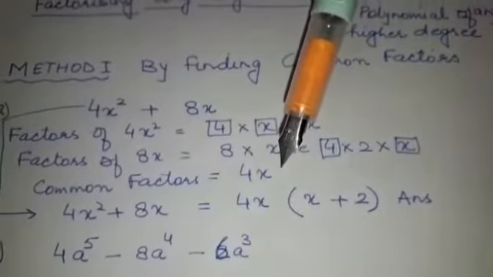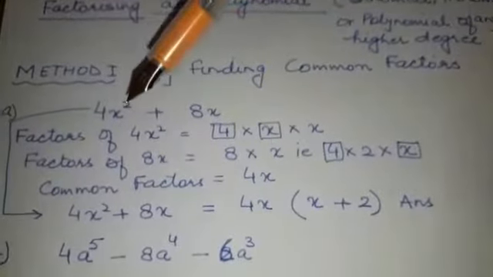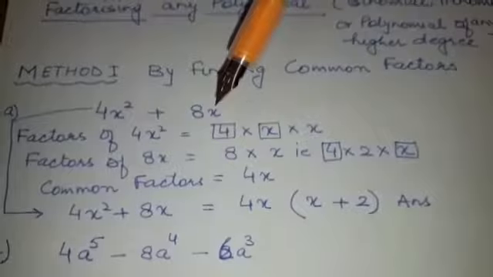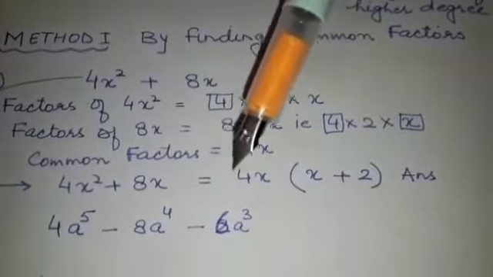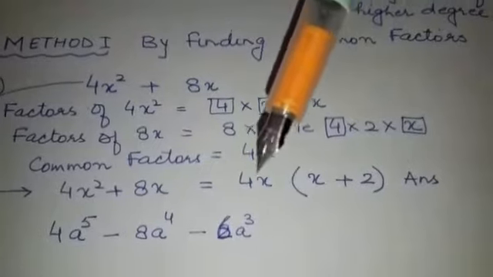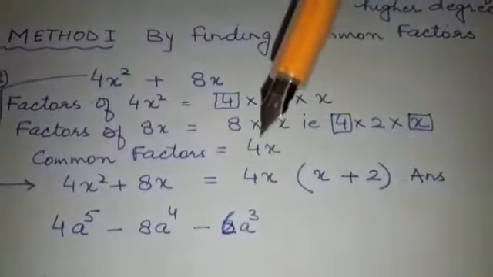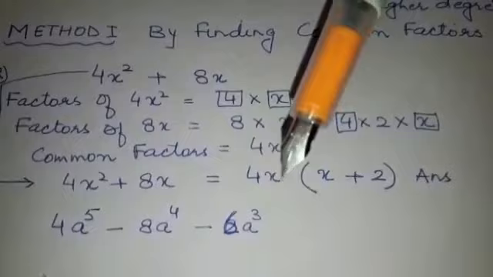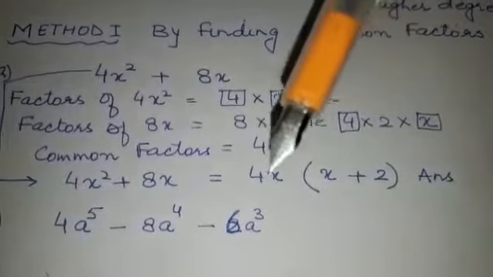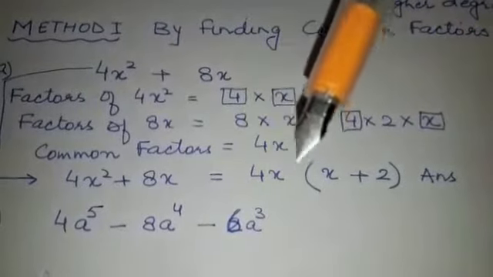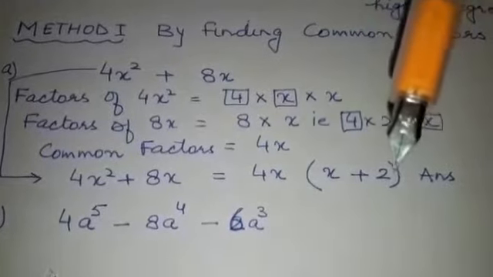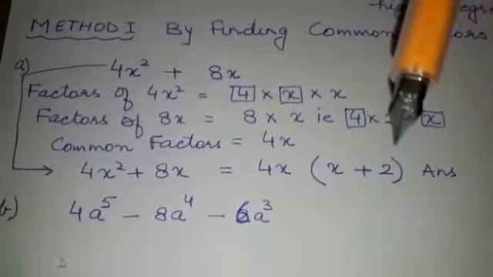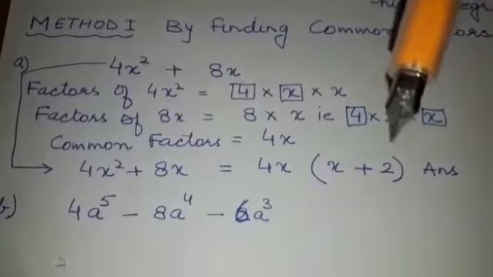Now come back to the question. Question was 4x square plus 8x. We are going to factorize 4x square plus 8x as, take the common factor first, that is 4x, and now put a bracket. This bracket shows that this 4x is taken out from both the terms. Now what is left inside the bracket? Let's check how we find it.